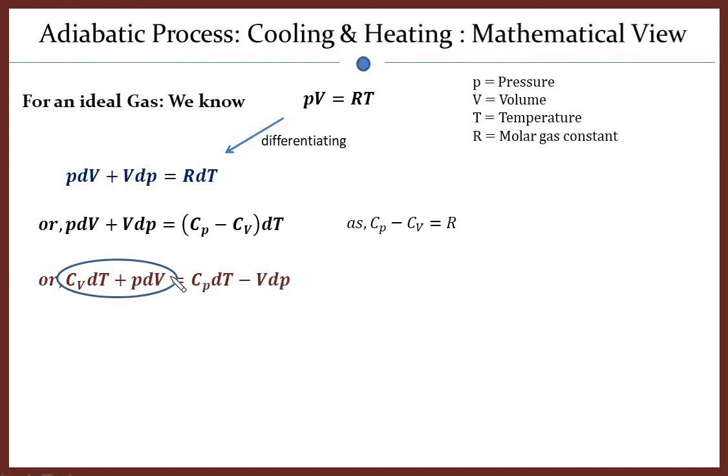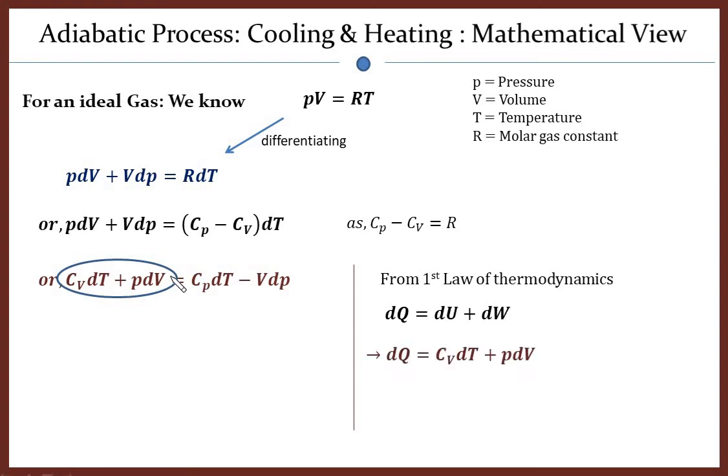Let's see how. From the first law of thermodynamics, dq equals du plus dw. And what is du? du is nothing but Cv dT. And what is dw? dw is P dV. For a PVT system, work done is equal to pressure times change in volume.